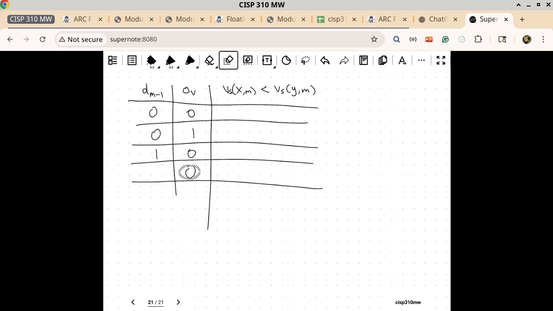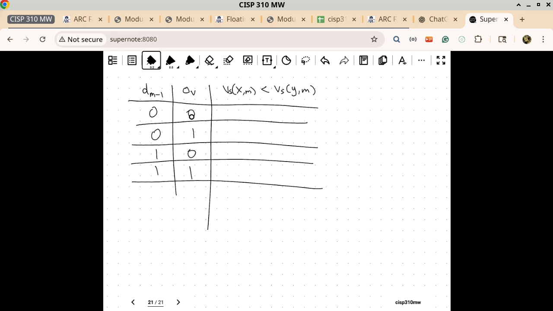These two should both be ones. Sorry, that was my bad. There we go, 1, 1. All right, so if you remember what we said a little bit earlier, when there's no overflow, the sign bit of D tells me whether the signed interpretation of x is less than the signed interpretation of y already.